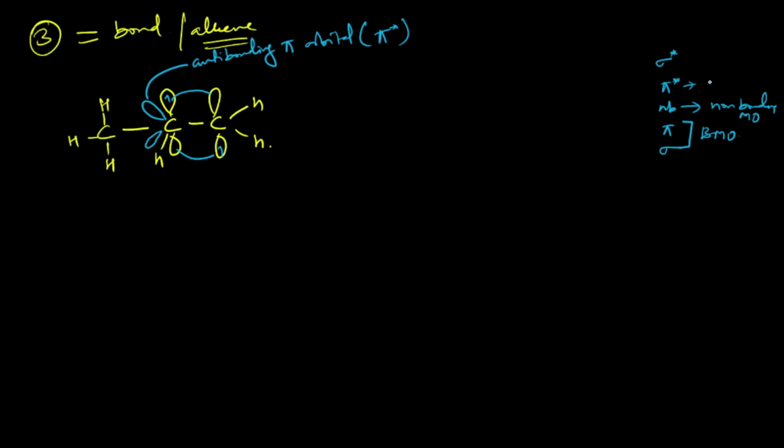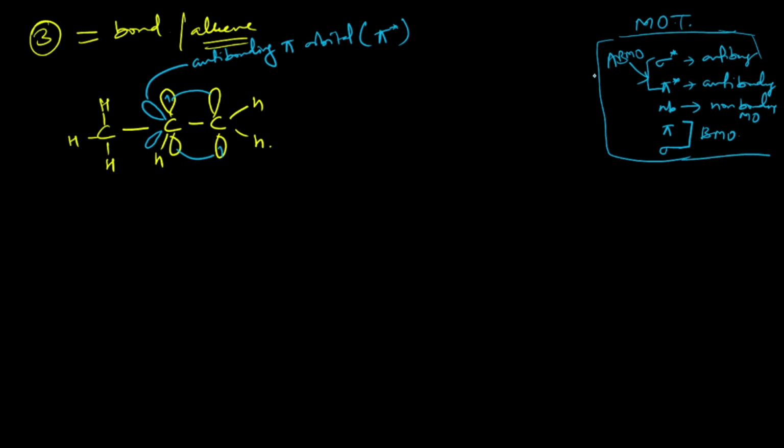This is your pi anti-bonding, and this is your sigma anti-bonding, or we can say ABMO, anti-bonding molecular orbital, these two. This is from molecular orbital theory, or molecular orbital diagram, whatever you say. You will come to know this in the chemical bonding unit. You have completed your chemical bonding, so you are very much sure about what I am talking about.